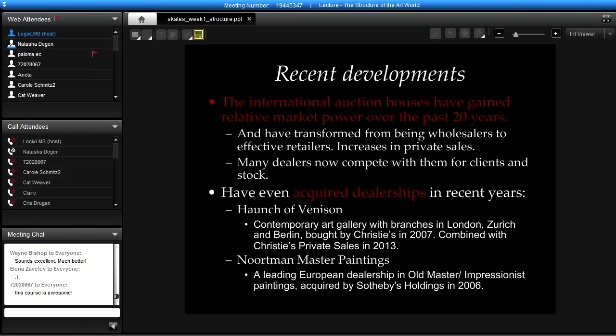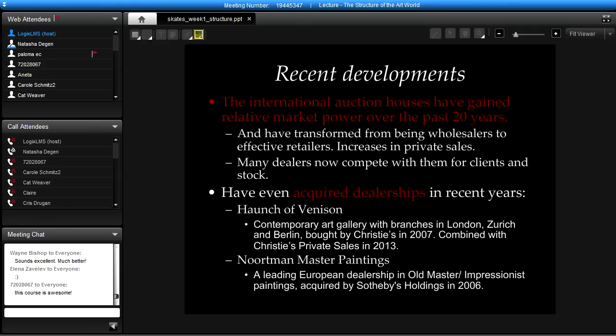In the ebullient 1960s, suddenly there were a number of record-breaking prices that added to the buzz around auction sales. And in the past 20 years, this has become even more the case, where auctions have continued to attract incredible amounts of publicity, and auction houses themselves have become increasingly powerful.